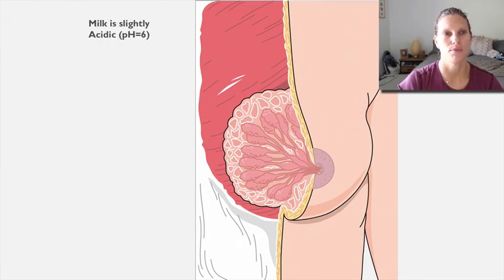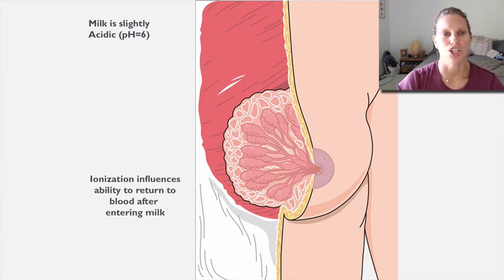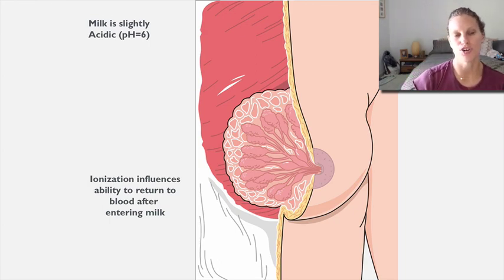Here's another example of where this might be something we might want to think about. Breast milk is slightly acidic with a pH of 6. Ionization influences the ability of the drug to return to the blood after it enters the milk. So what I'm saying is we can reabsorb the drug if we can influence the pH of the breast milk.